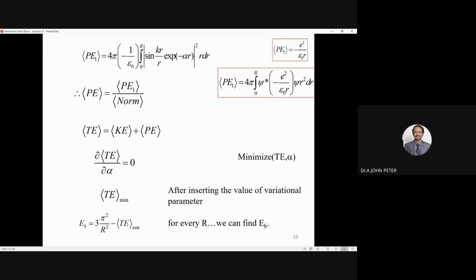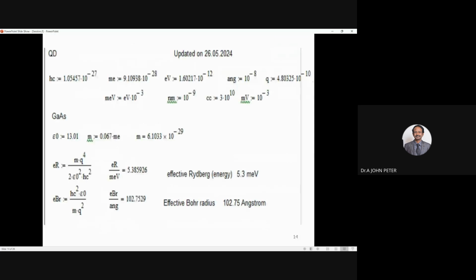That is E_B equals 3 pi squared, exactly as it is on the screen. You can get these slides from your professor.